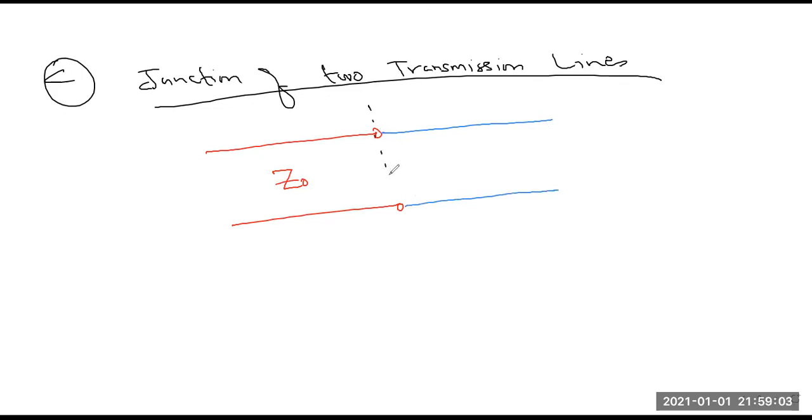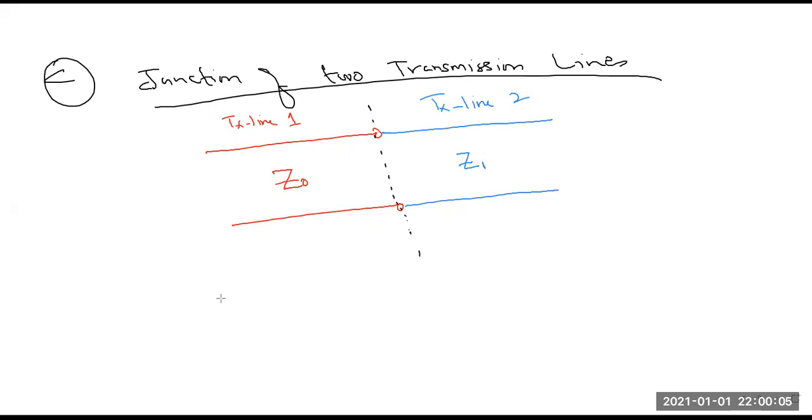So this is the junction. This is transmission line number one, with characteristic impedance Z0, and the blue one is another transmission line. I will call it transmission line number two. This transmission line has characteristic impedance represented by Z1.